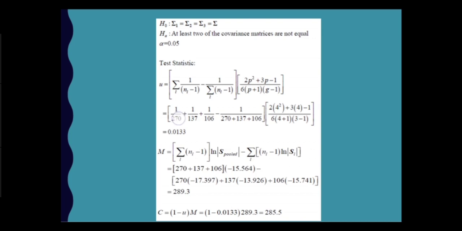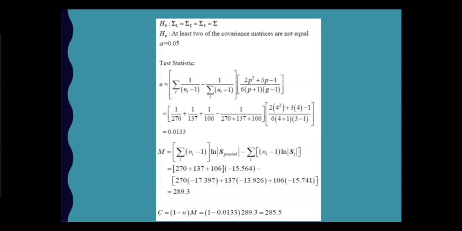So these 3 parts you need to sum up, minus 1 over the summation of N_l minus 1. So every sample size, we need to deduct 1, then sum up. So these 2 parts, this part minus this part, you will get that one.